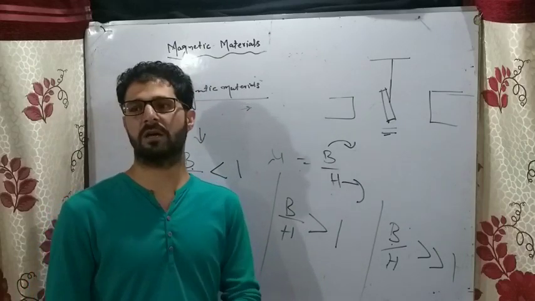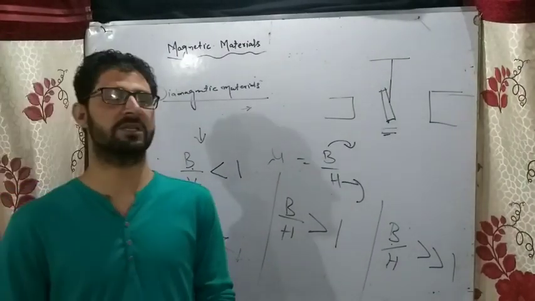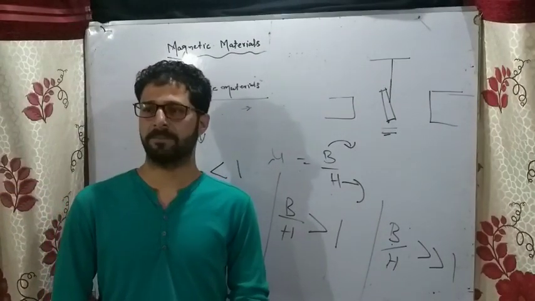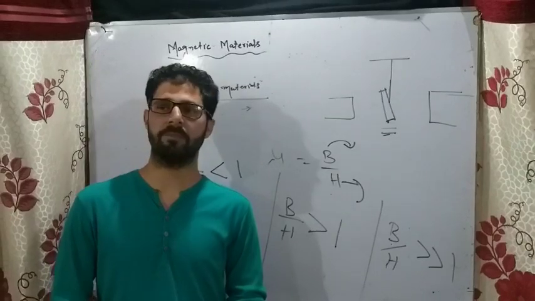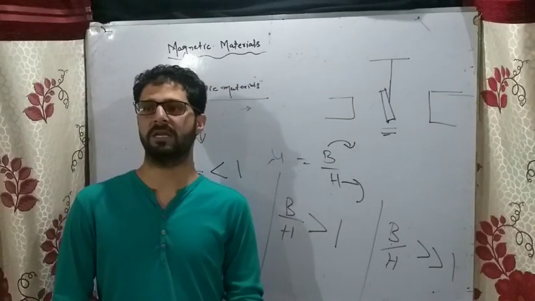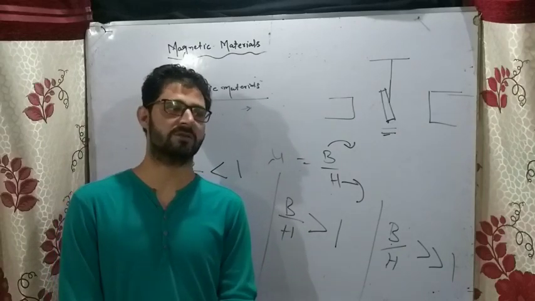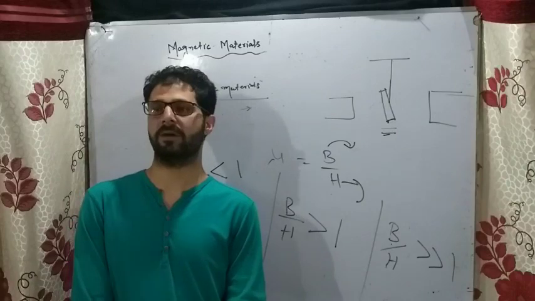Even though you can easily find it in the books, there is no mathematics involved in this, and you have to remember that on the basis of behavior of materials in an external magnetic field, there are three categories of magnetic materials: diamagnetic, paramagnetic and ferromagnetic.